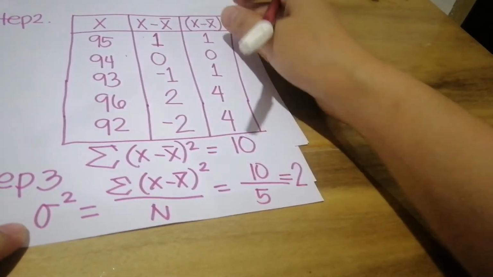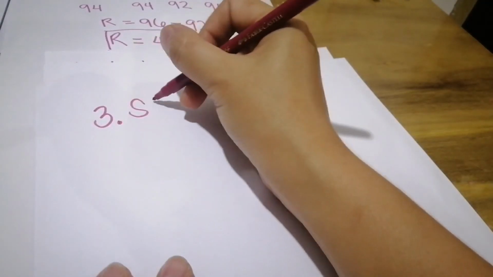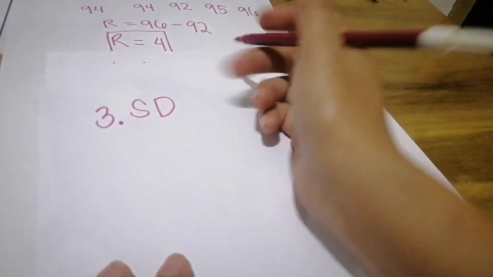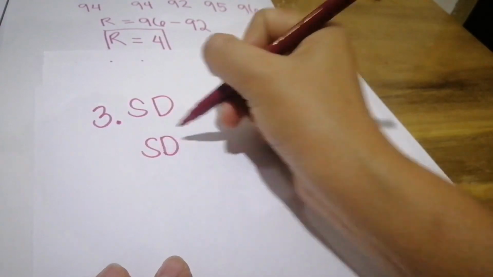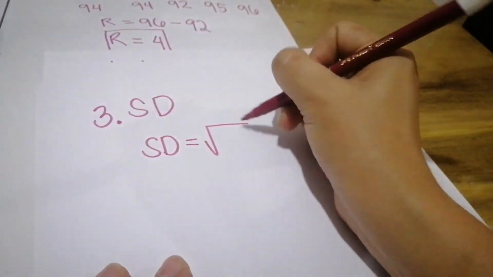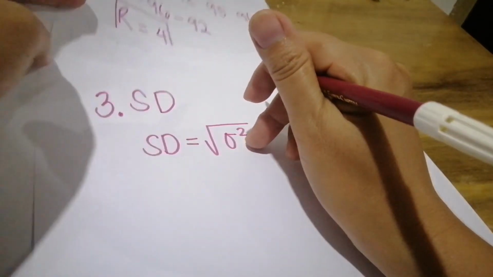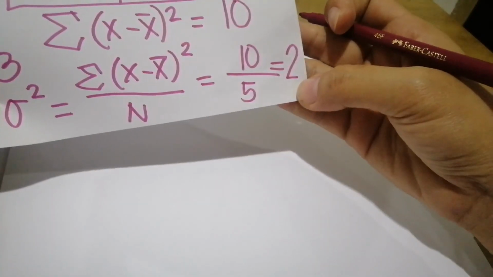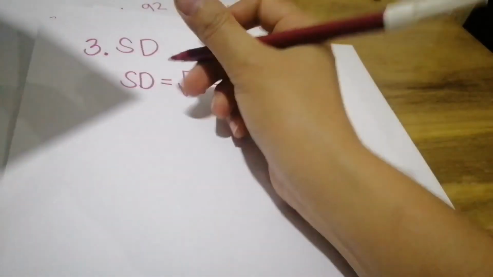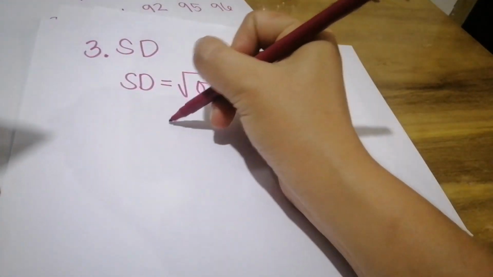For the third measure of variability, which is the standard deviation, or simply SD, the formula is the square root of sigma squared. Sigma squared is the variance, which is equal to 2.